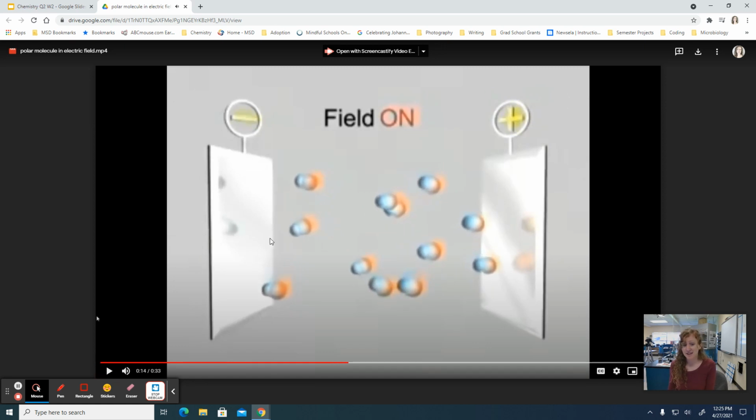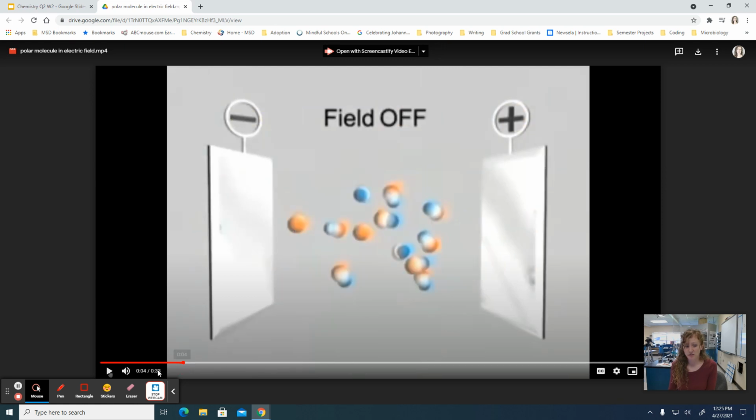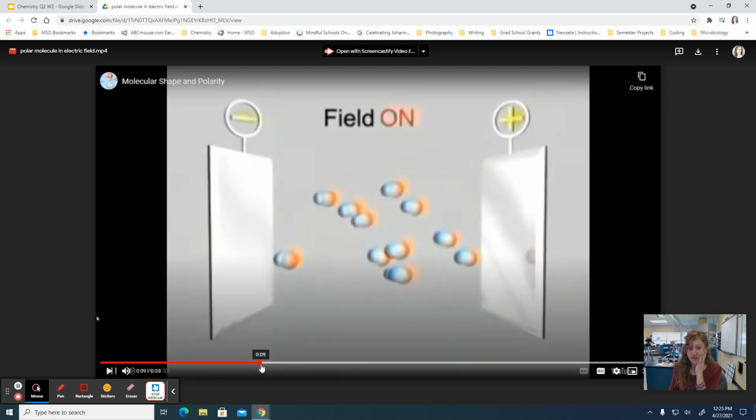Okay, so in this, they had an electric field, and before they turned the electric field on, the molecules were oriented any way they pleased. After they turned the electric field on, then the negative part of the molecule was attracted to the positive plate.